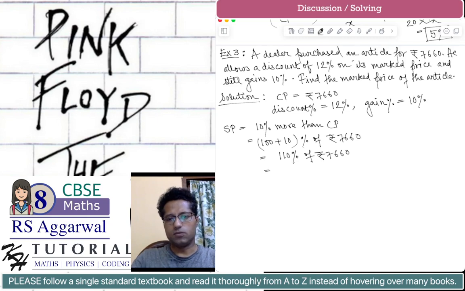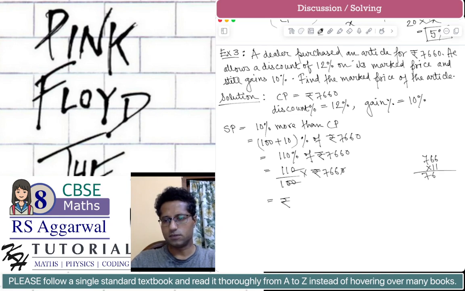This is equal to 110 divided by 100 multiplied by rupees 7660. So you have to do a little bit of computation. All the zeros cancel out, and we have to find 766 multiplied by 11.